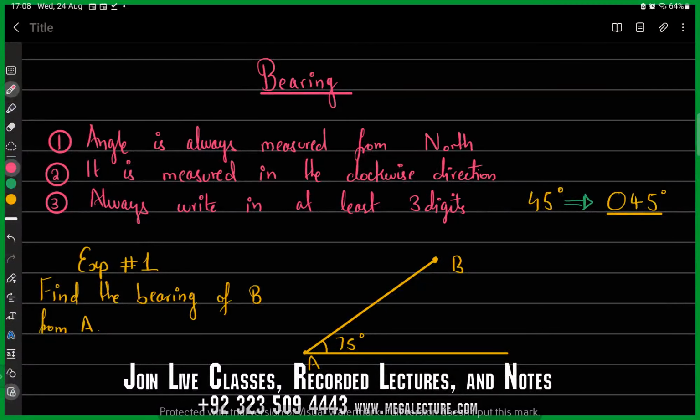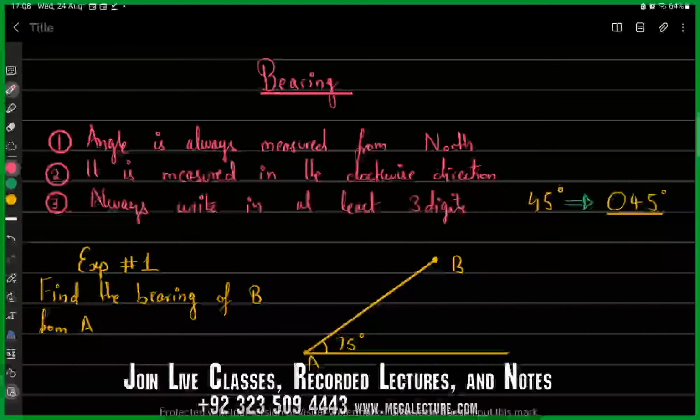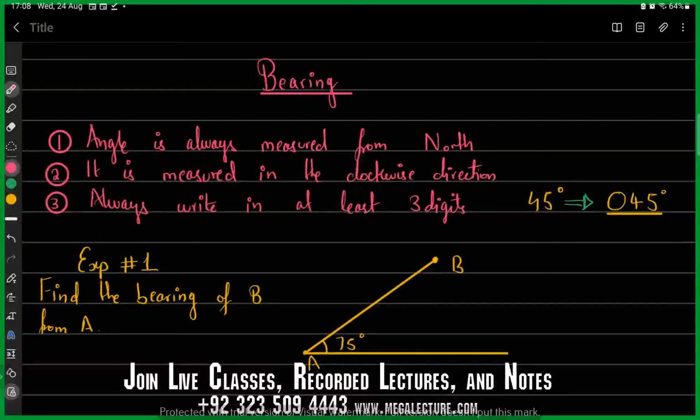Every time it would be written this way: bearing of B from A, bearing of X from Y, bearing of Z from T, bearing of U from V. So you would be having 2 points. The word bearing would be coming, and of and from would be there. So we have a lot to understand with context to the way the examiner is giving it to you.